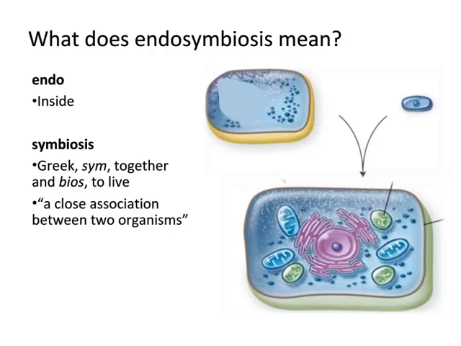And I do want to point out that your textbook does interchangeably use the terms intracellular symbiosis and endosymbiosis. And if you think about those two terms, you'll realize that they are actually referring to the same thing.